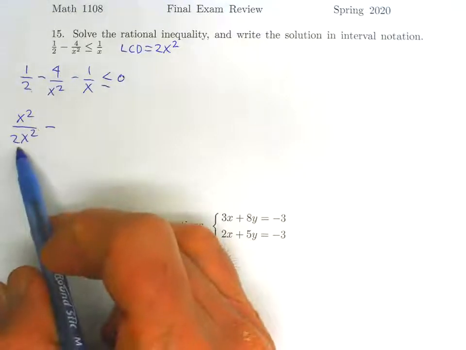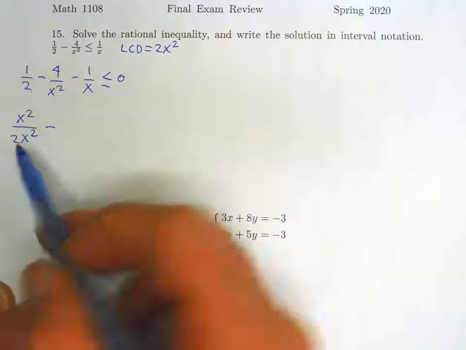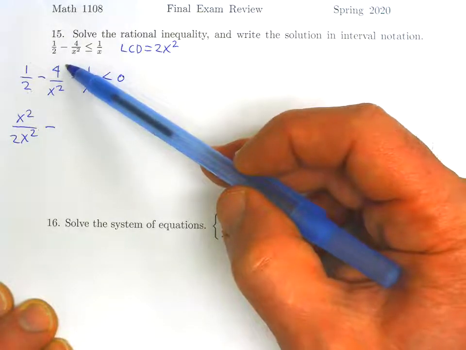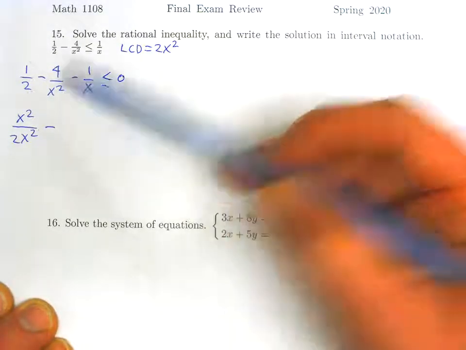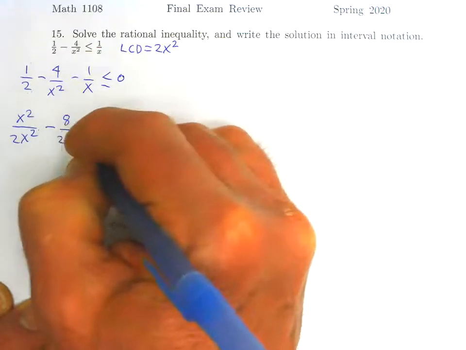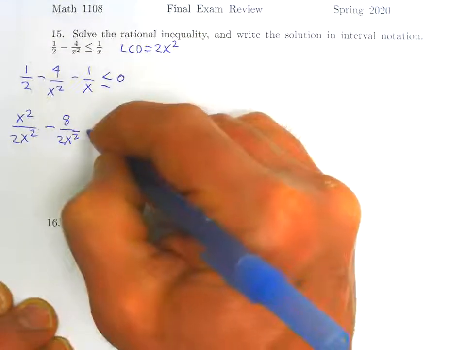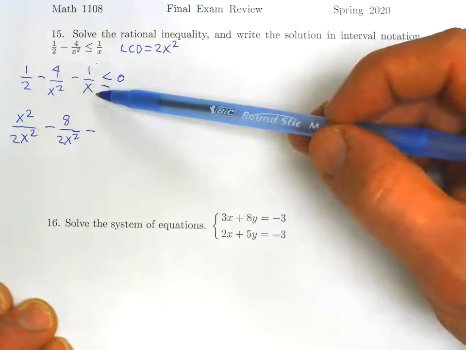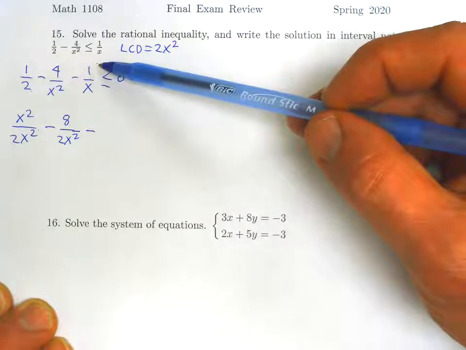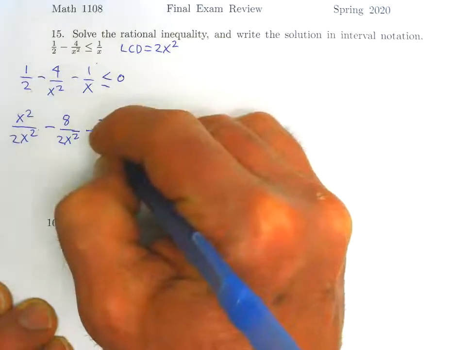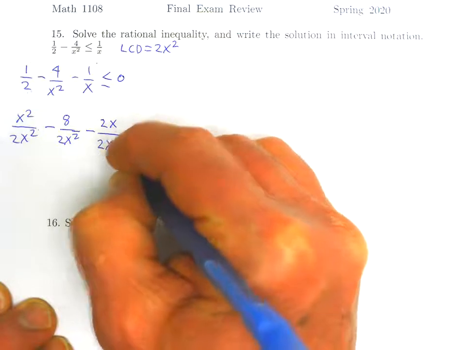For the next term, minus 4 over x squared, if I multiply the numerator and denominator by 2, I get minus 8 over 2x squared. For the next term, 1 over x, if I multiply the numerator and denominator by 2x, I'll have the common denominator 2x squared.